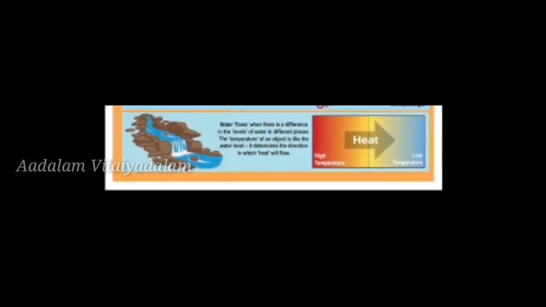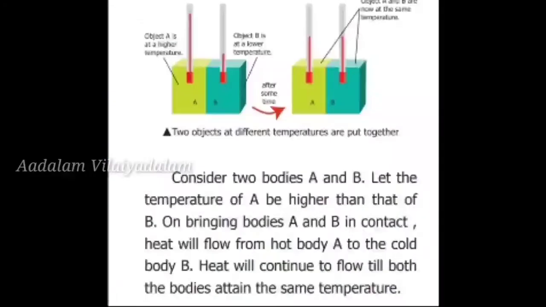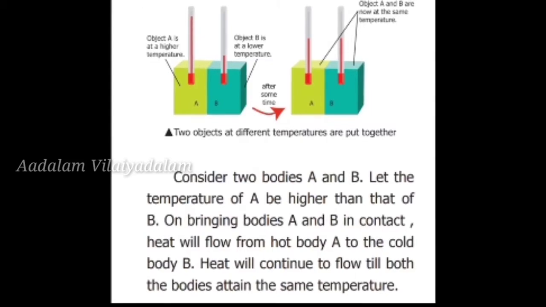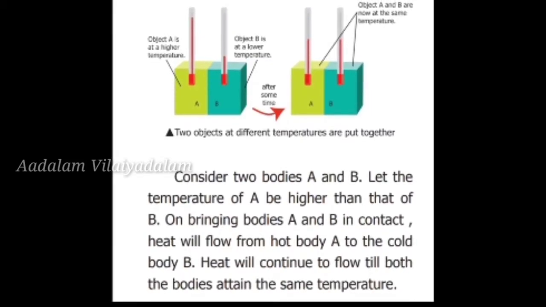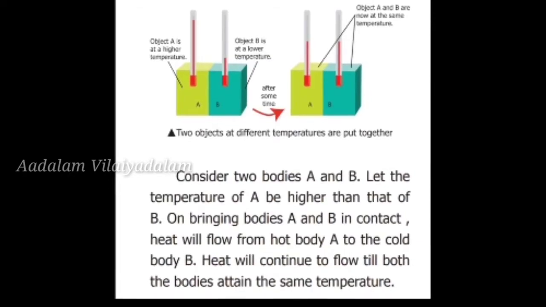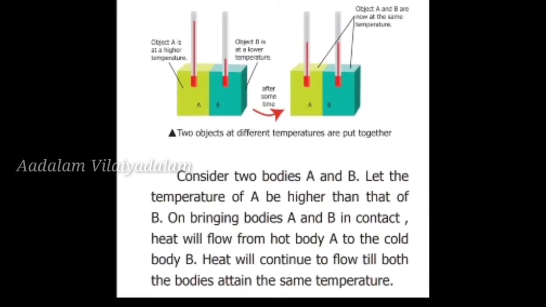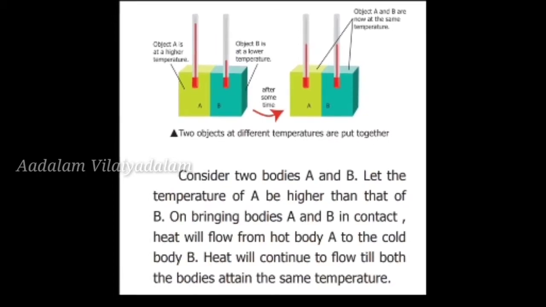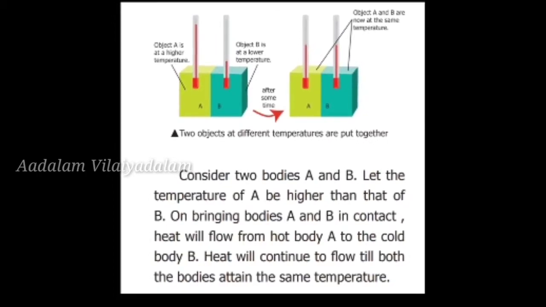Heat energy will flow from high temperature to lower temperature. See one example. Object A is at the higher temperature and object B is at the lower temperature. After some time, both are the same. So heat energy flows from higher temperature to lower temperature, it is proved.